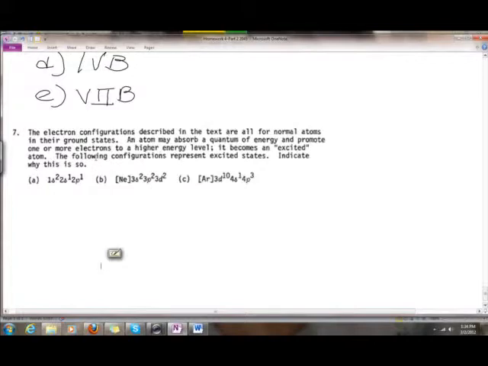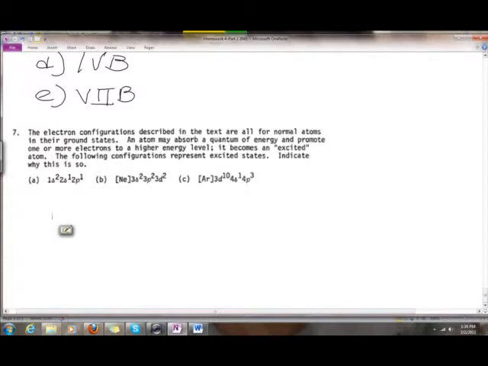We saw it on the last homework, on quantum and Bohr and quantum energy. Remember what happened when you stop applying energy: it won't go down. We studied that in electromagnetic radiation and quantum energy. The following configuration represents an excited state. Indicate why this is so.